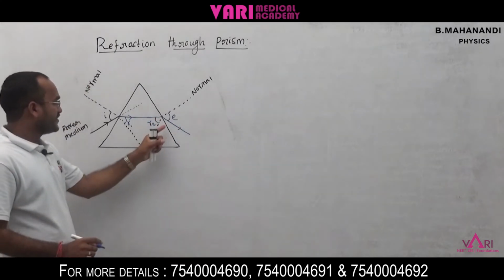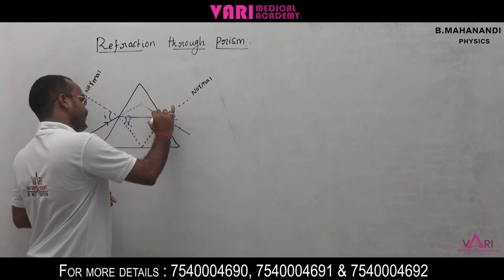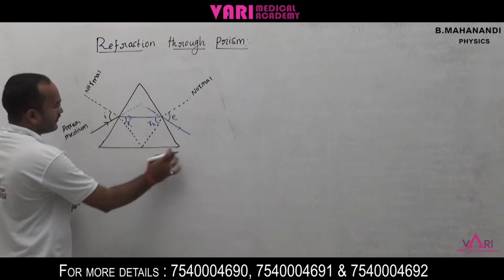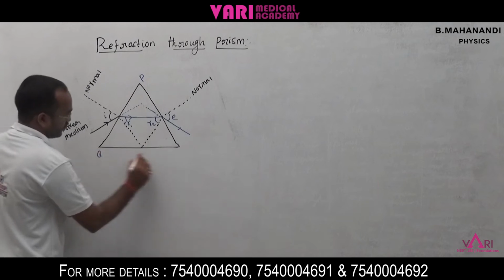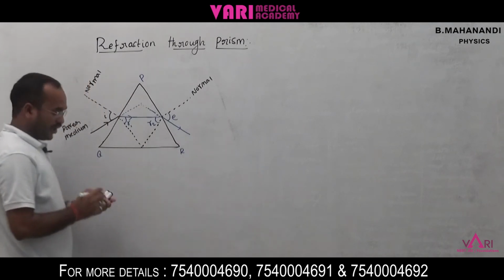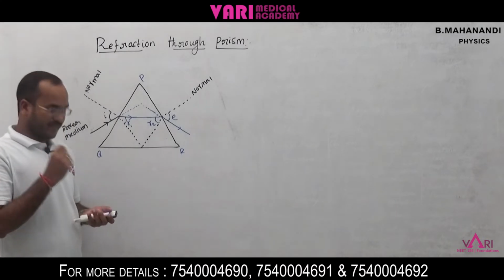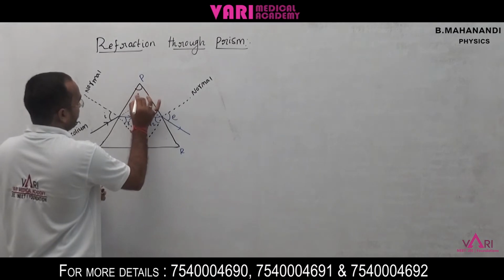Now the emergent ray is extended continuously backward. Here I choose the corners of the prism as points P, Q, R. For the glass prism we consider, the angle of prism is A. This is the angle of prism A.